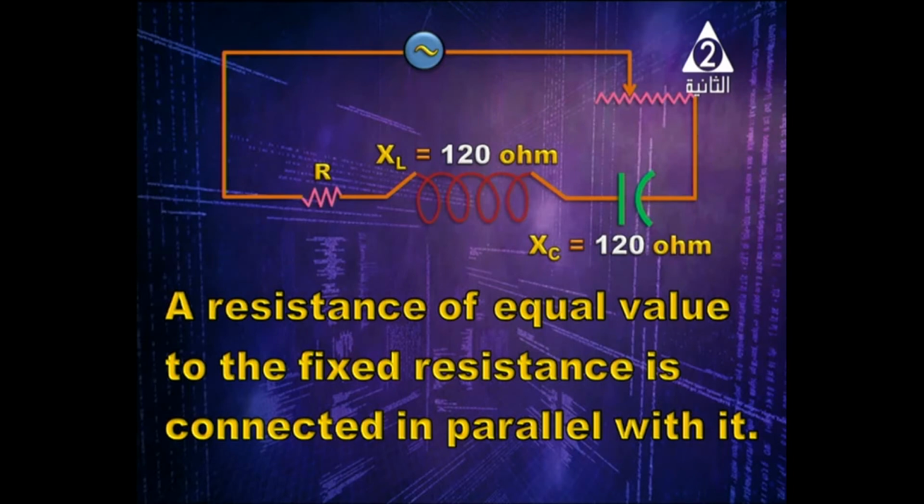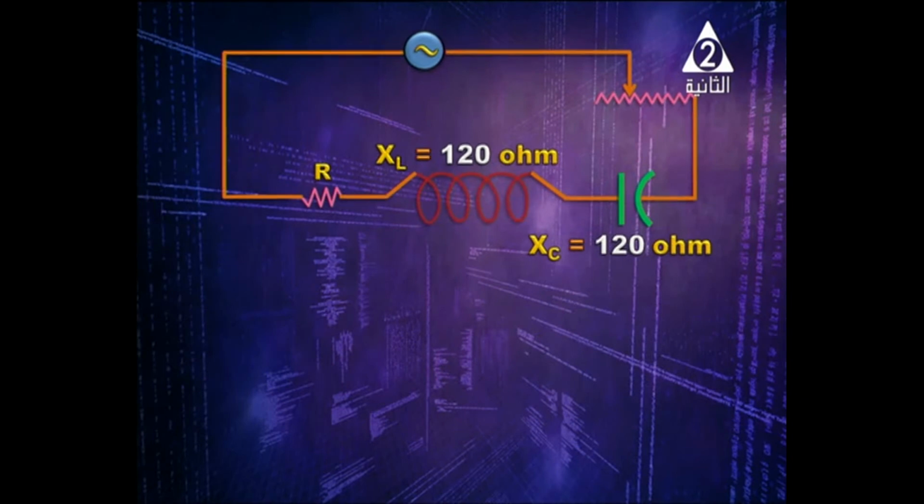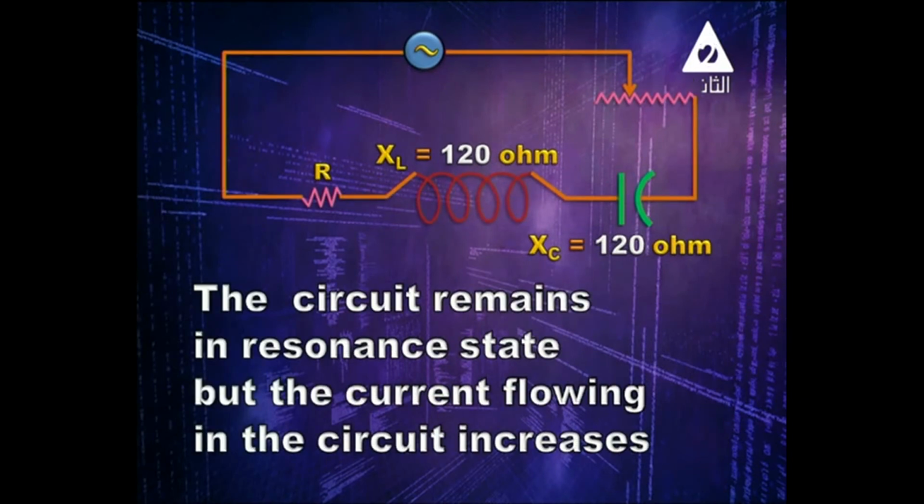So we are in a state of resonance, okay? But when a resistor is connected in parallel to R, the equivalent resistance decreases and current increases, but the state of resonance will be unchanged. So the circuit remains in a resonance state, but the current flowing in the circuit increases because the resistance decreases.